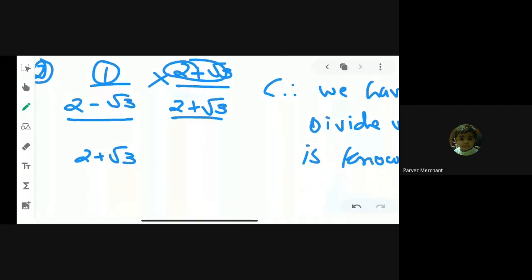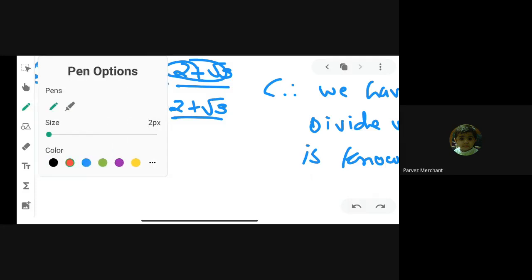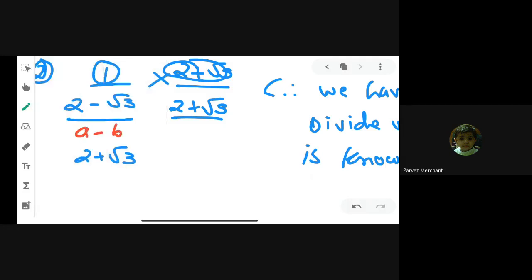Now in the denominator we have two terms, 2 minus root 3 and 2 plus root 3. So here we apply one identity. You already studied this identity in 8th standard. Which identity? A minus B times A plus B. Suppose A is equal to 2 and B is equal to root 3.